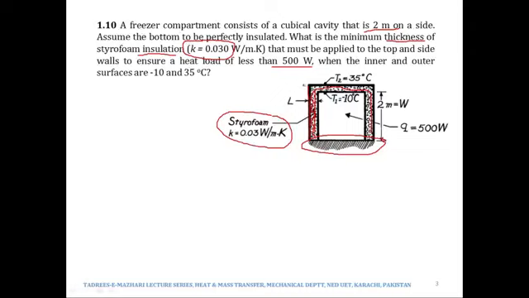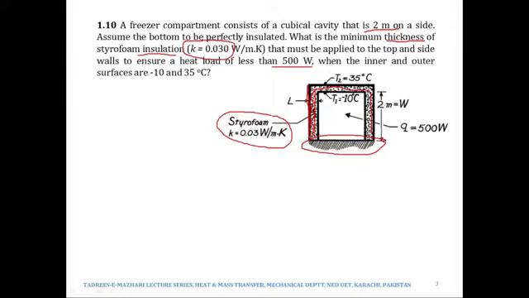Since we are not given the value of H, the convective heat transfer coefficient between the surrounding and the outside of this wall, we will not be focusing on convection between the body and the surrounding air, because we will only be focusing on the data which is provided to us and not on the data which has not been provided.